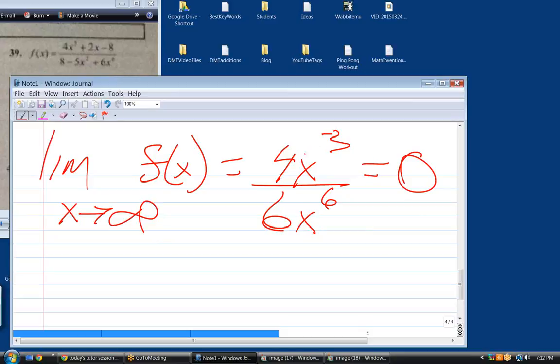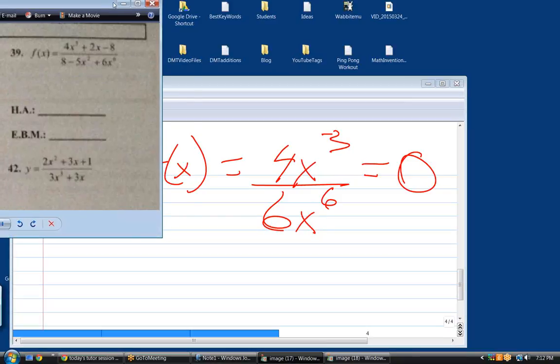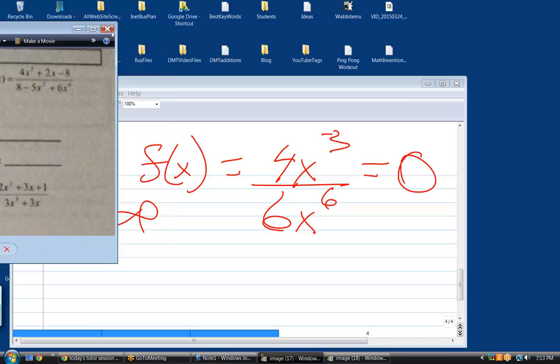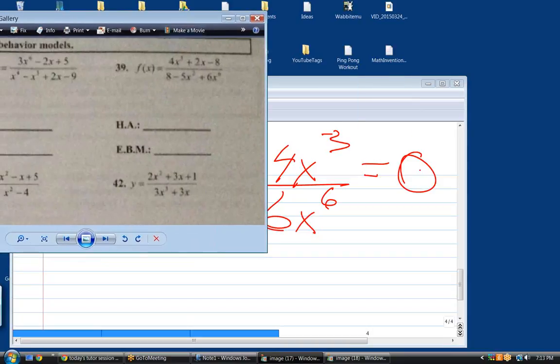If the top blows up, it goes to infinity. You know what I mean by blowing up? That's what it means to go to infinity, you blow it up without limit. So that goes to 0, so that's the horizontal asymptote, y equals 0.